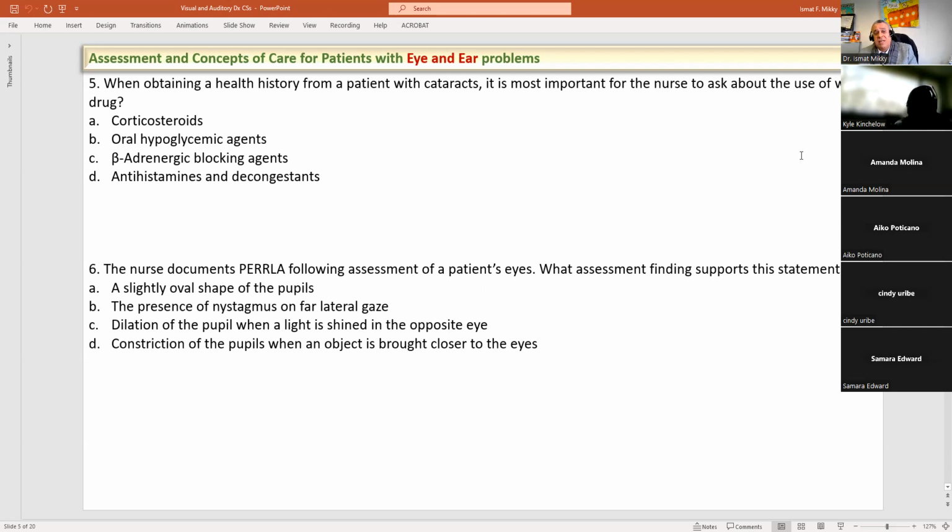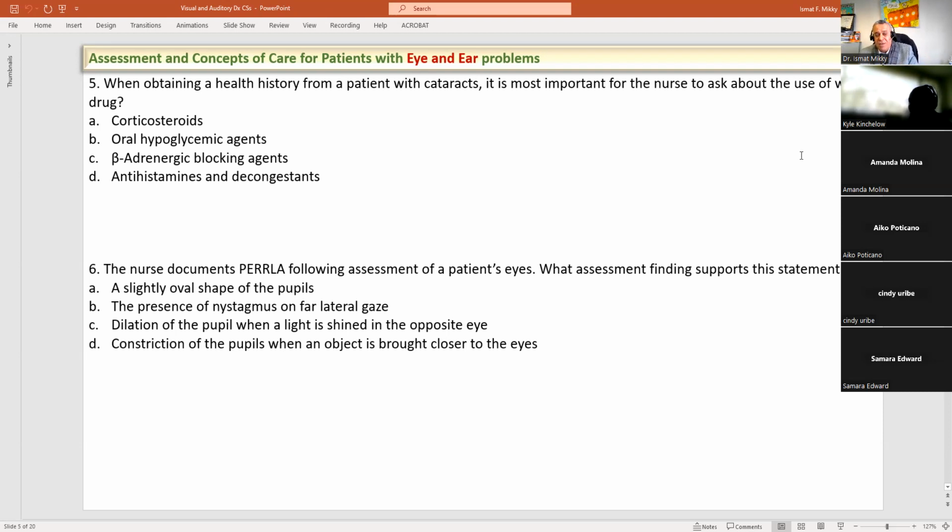Now, the use of oral hypoglycemic agents, for B, for example, will alert the nurse to the presence of diabetes and the risk for what type of ophthalmic problem. It's not cataract and it's not glaucoma.